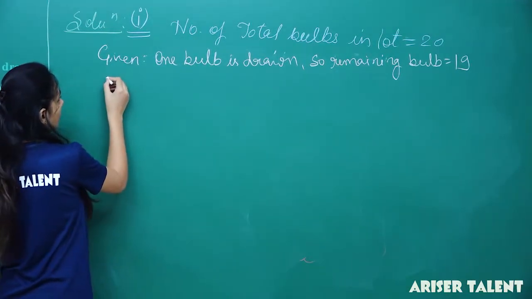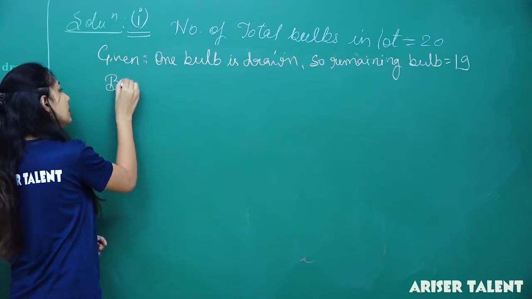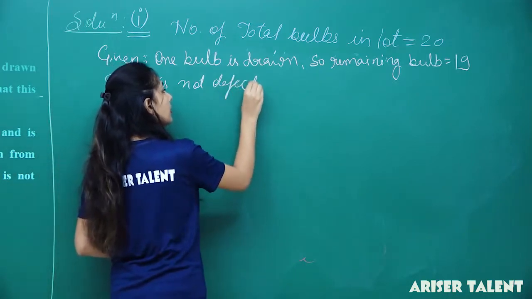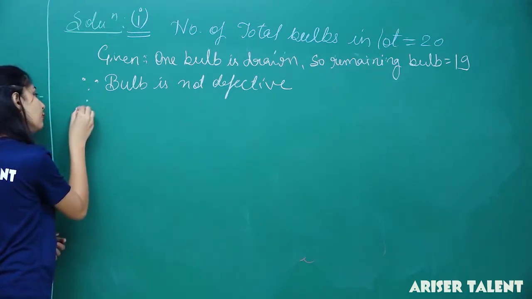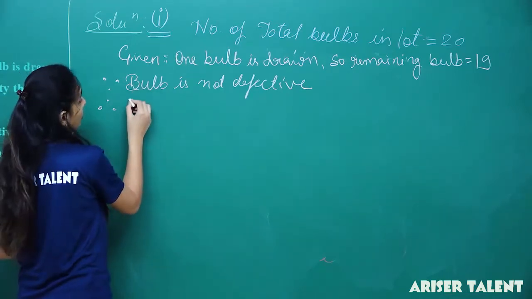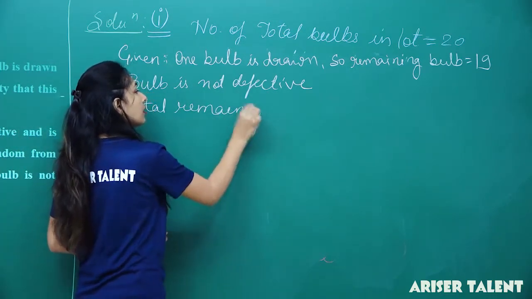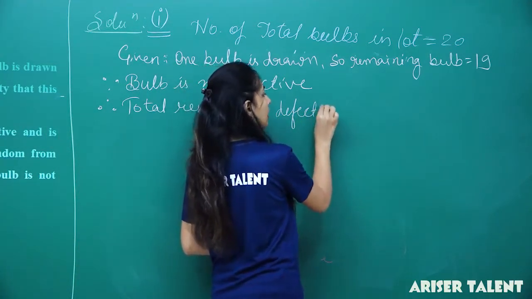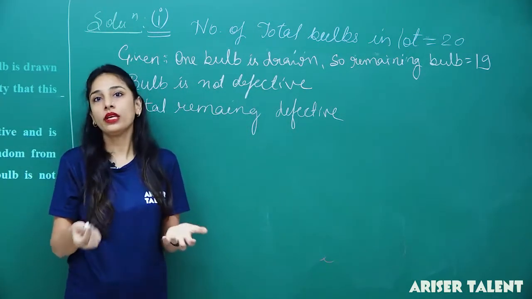Now, this is also given, students, that the bulb is not defective. Since the bulb is not defective, therefore total remaining defective bulbs, now 0 defective bulbs have been taken out, so the remaining will be 4.